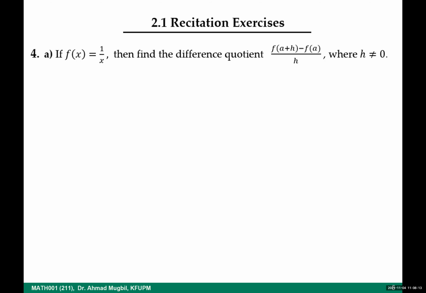You forget the negative sign. What is that? It will be plus h. No, what you did? Why are you solving this way? Just do it in steps. Find f at a, then f at a plus h, then find the difference, then do the quotient. Yes, now it is correct.